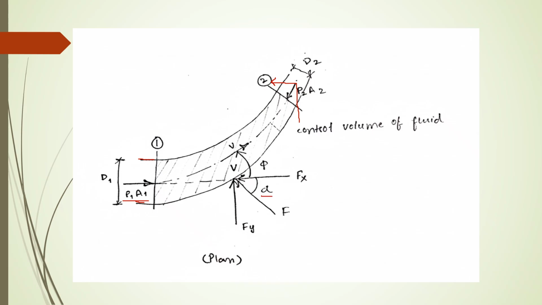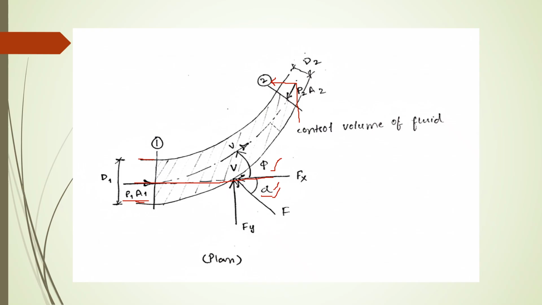So with the horizontal, if we consider section number 1 as horizontal, this bend is making an angle alpha. This angle phi is the deflection angle, and with the horizontal the force is making an inclination angle alpha.